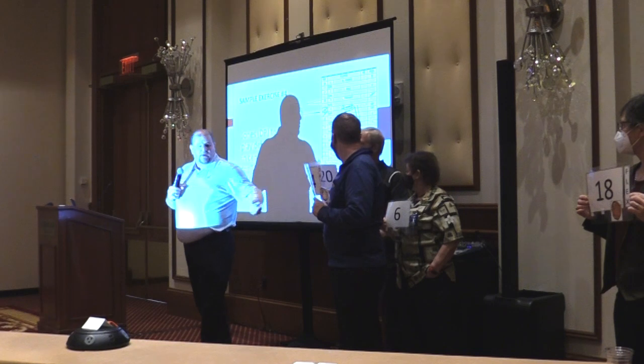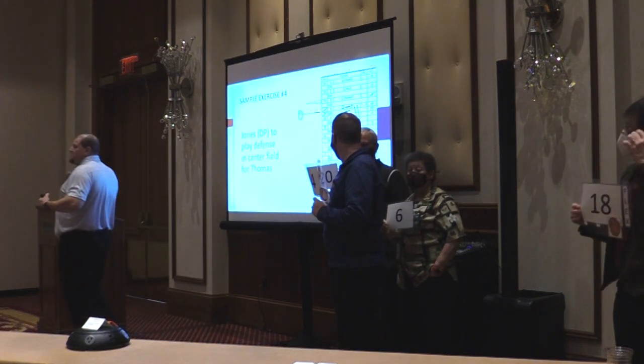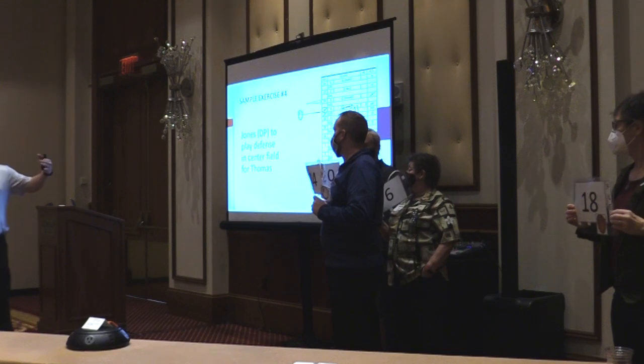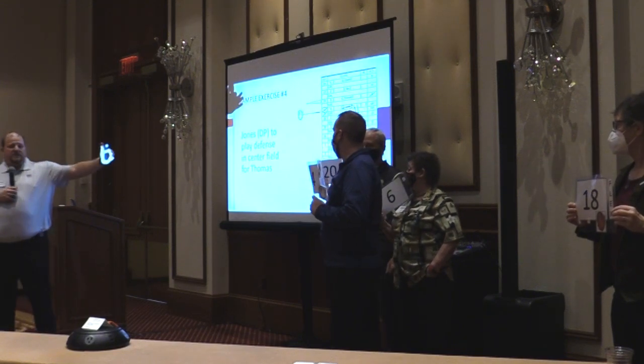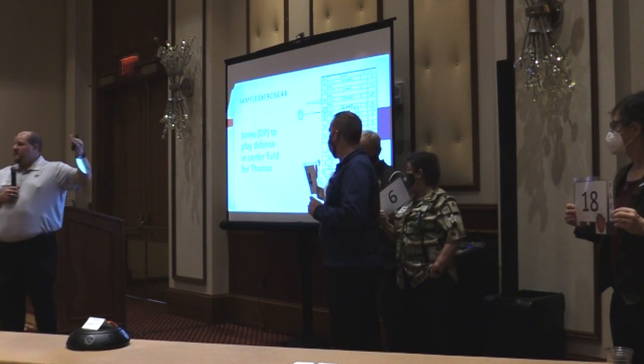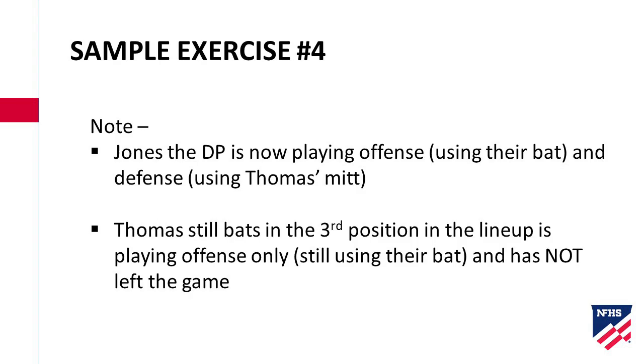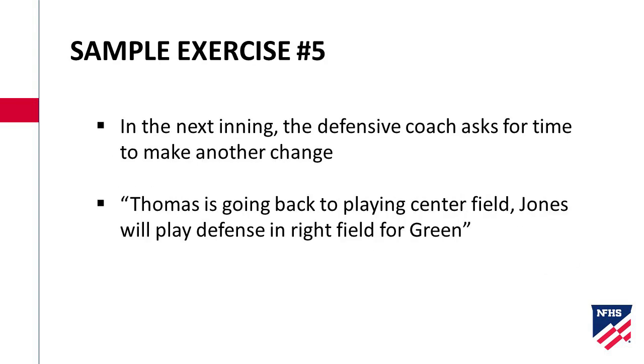So you're the batter. Way to go. So that's something that we're able to do with DP Flex. The DP can play defense for anyone. That person continues to play offense, and they haven't left the game. So again, that visual aspect of actually giving the mitt to them, not the same physical mitt in the game, but for our purposes here, it shows that they have given up that defensive part, okay? So again, that shows us that.